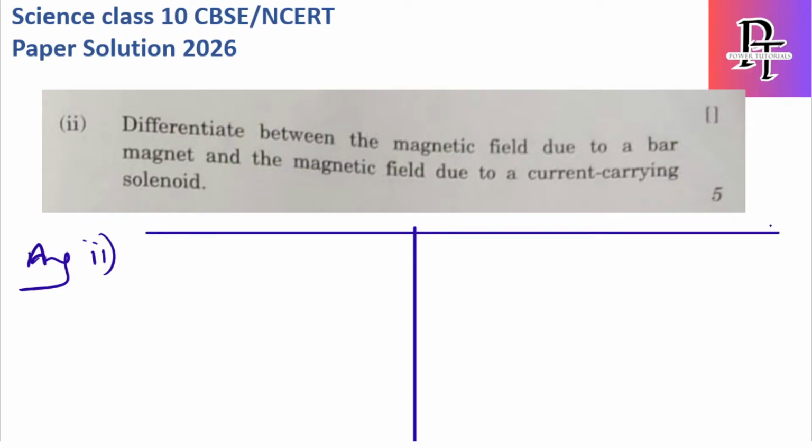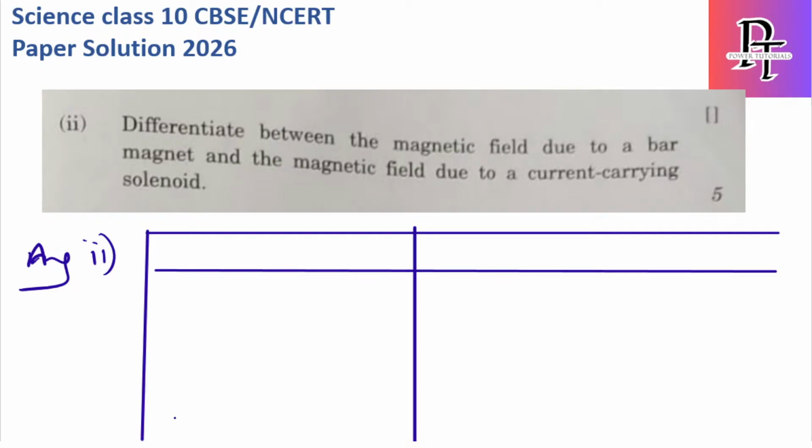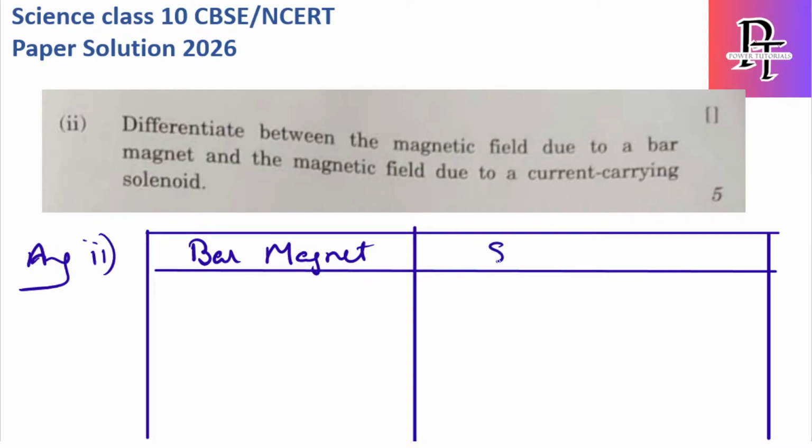Always for difference type questions, make sure to draw a table so that it will be very easy for an invigilator to check which points you have written, and it will be much easier for the calculation part also. So the first column I will write as bar magnet, the second I will mention as solenoid.